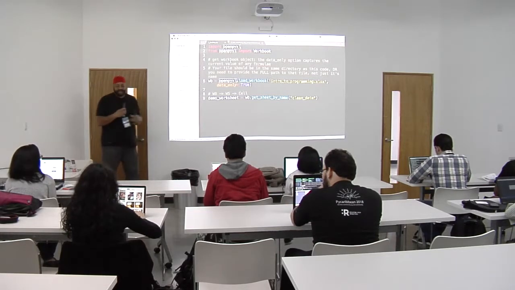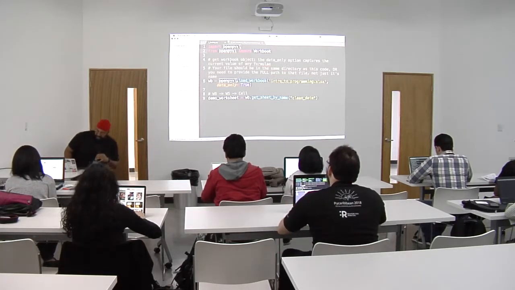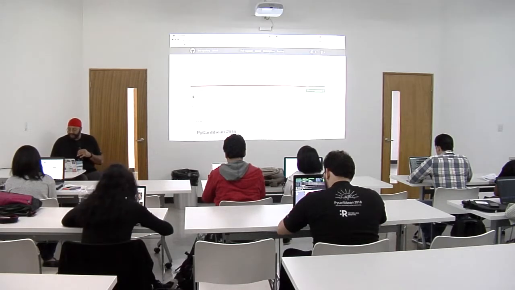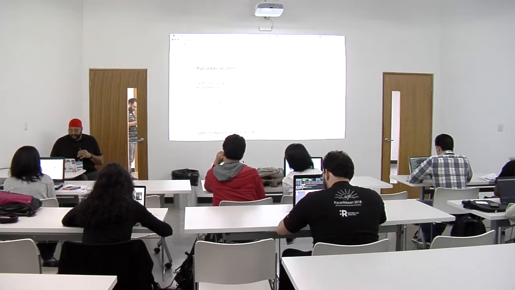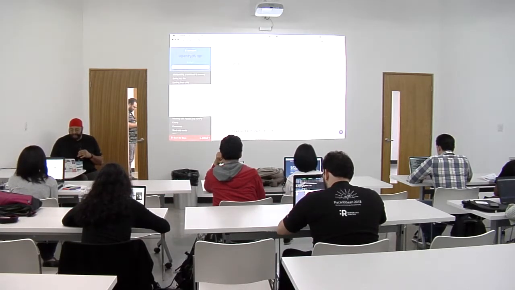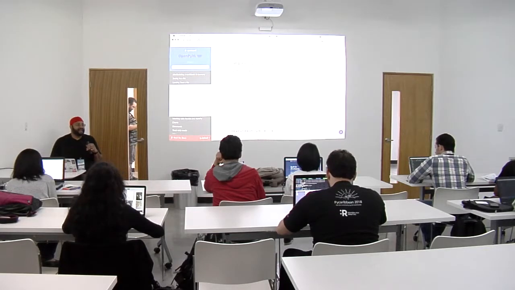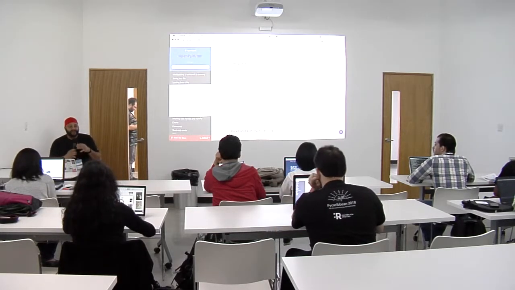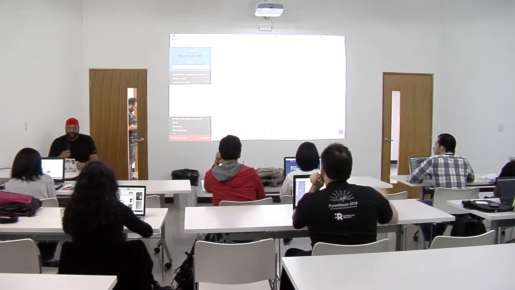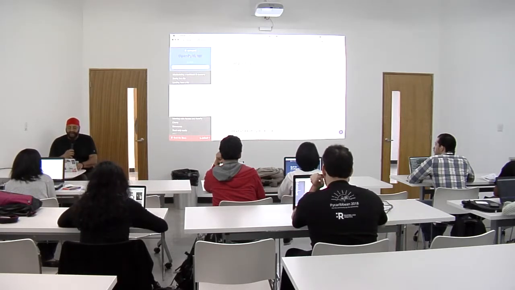So OpenPyXL lets you work with spreadsheets, and I am going to go to that. So here's the documentation for OpenPyXL. It's a library that lets you work with spreadsheet data. So you can open up a spreadsheet directly, pull the information out of it, and then work in Python.